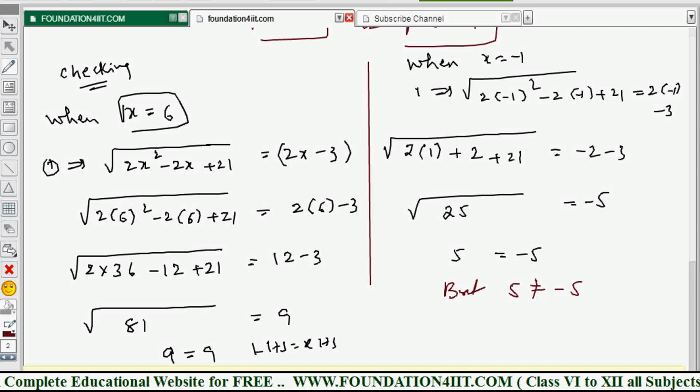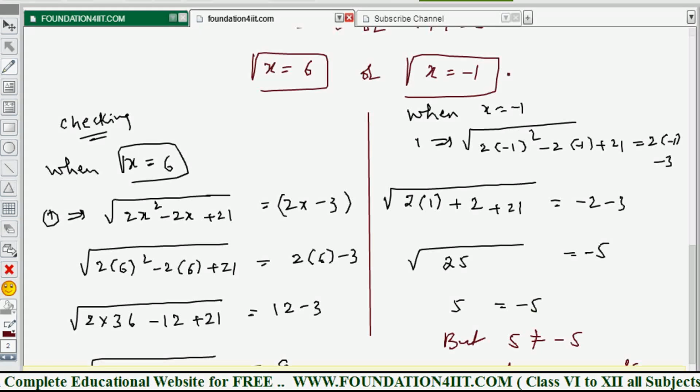So this is an extraneous root. When an extraneous root is not satisfying, it is rejected. So when it's rejected, the solution set is only 6, right? Only x is equal to 6 is the solution set.